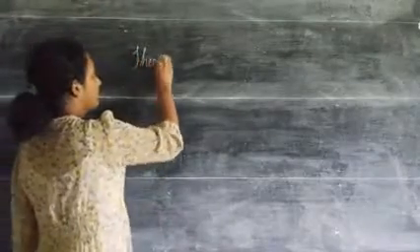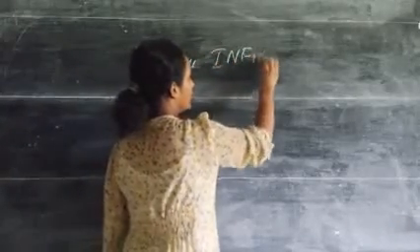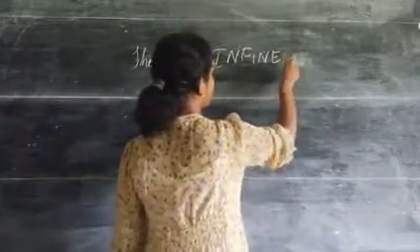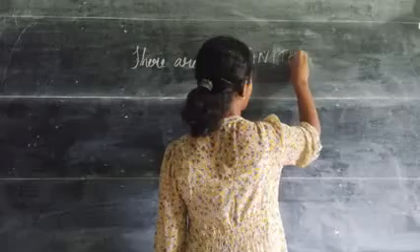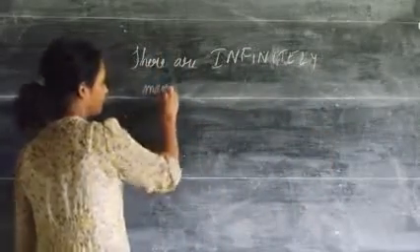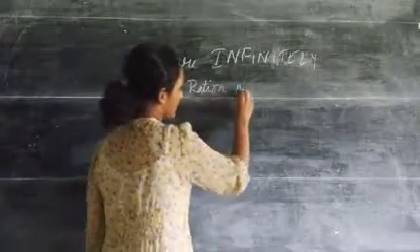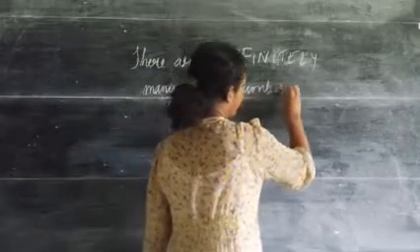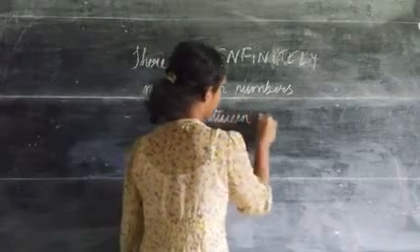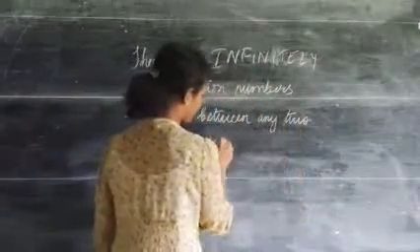There are infinitely many rational numbers between any two numbers.